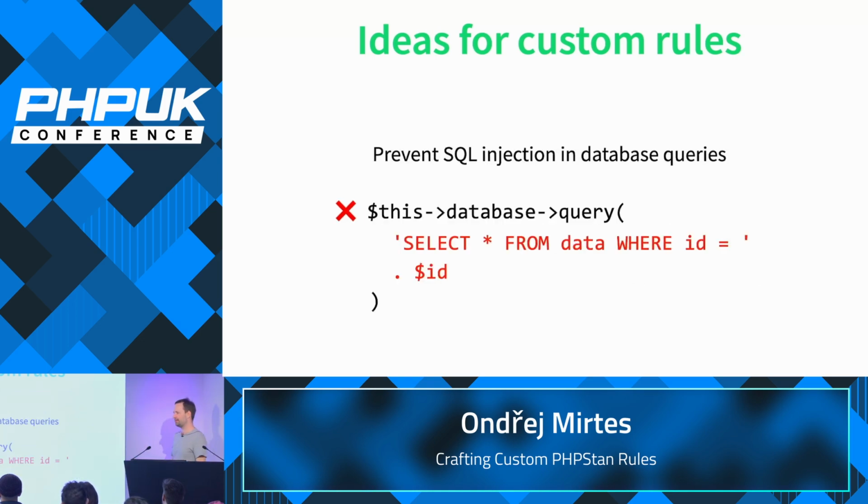And from security perspective, you can, for example, prevent SQL injection by detecting if you are using prepare statements properly, or if you are concatenating SQL queries like this, which makes you vulnerable to SQL injection.